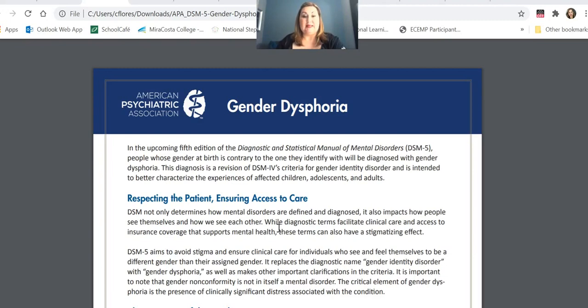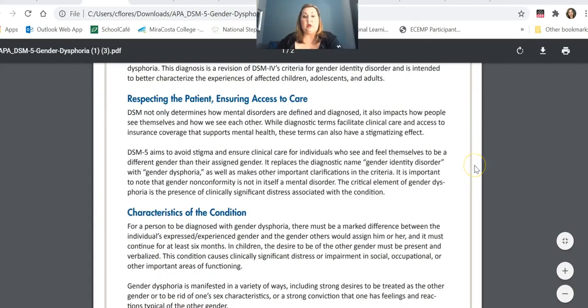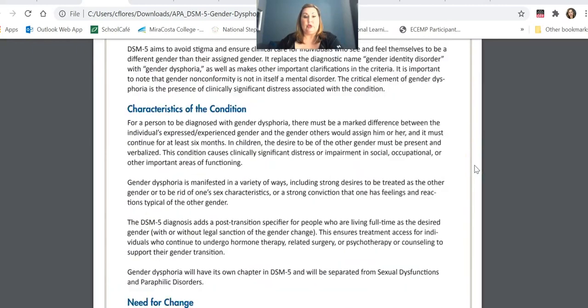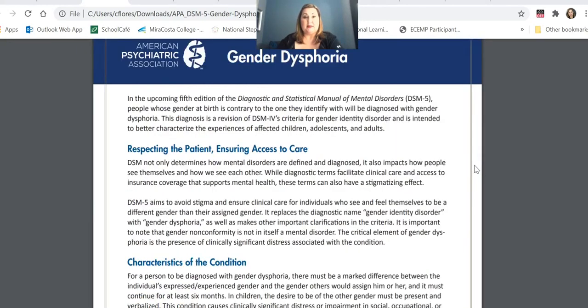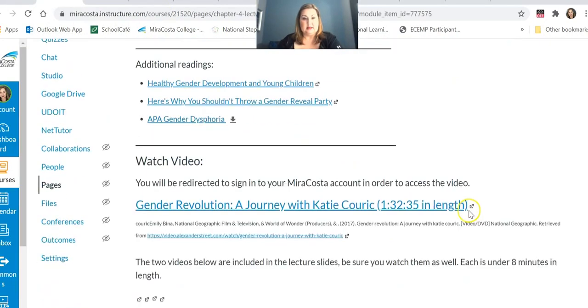And what does it mean exactly? And why is it in the DSM-5? The pros and cons of having it, and how it relates to ensuring access for care for those that are diagnosed with gender dysphoria. So please read that.